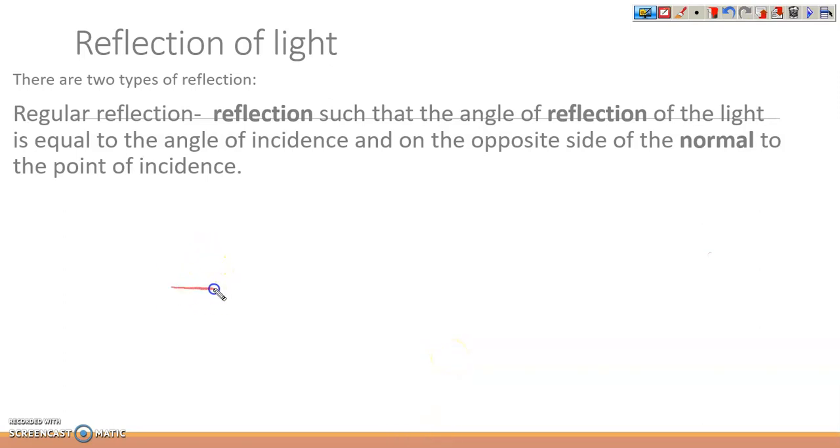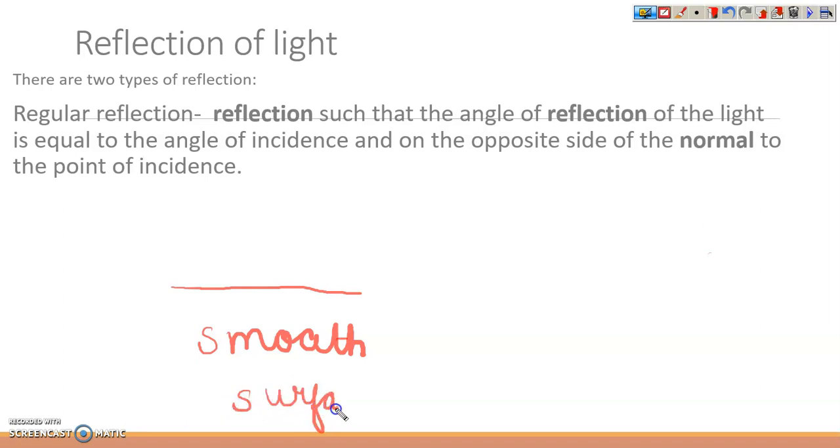Suppose it is a smooth surface. It is a smooth surface and the parallel incident rays are coming like this. Here I can denote like this is coming, this is going, this is coming.